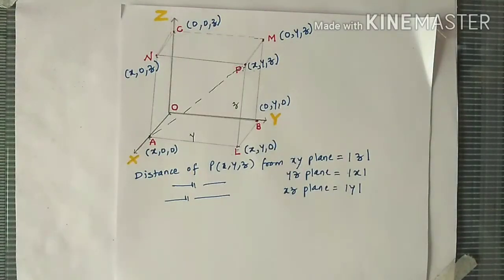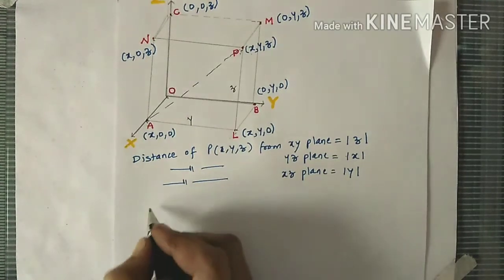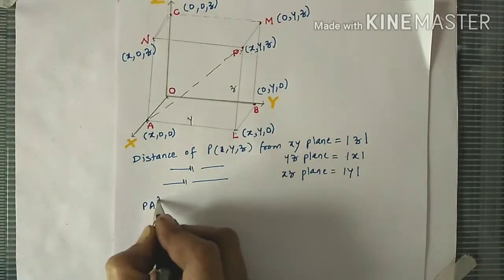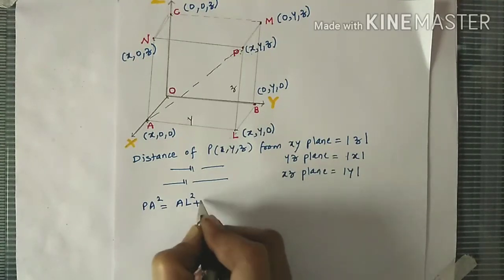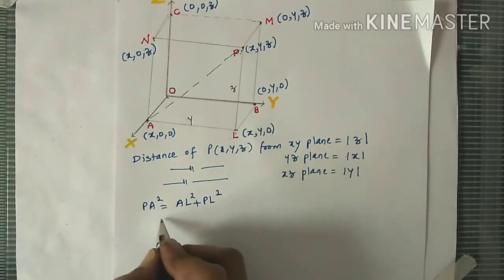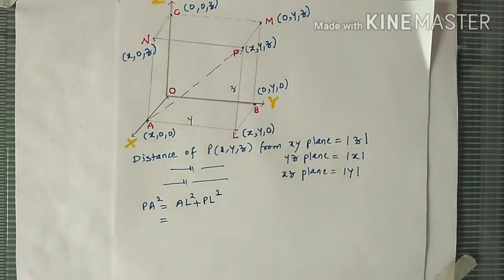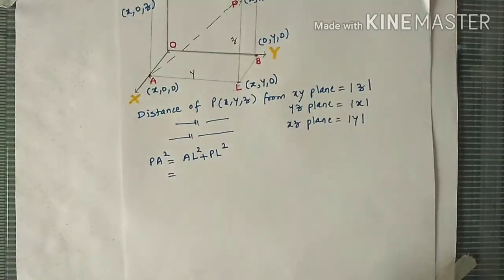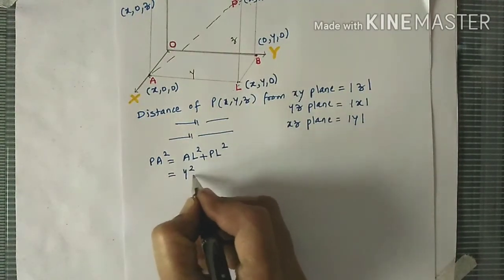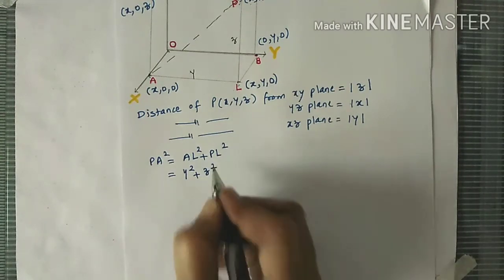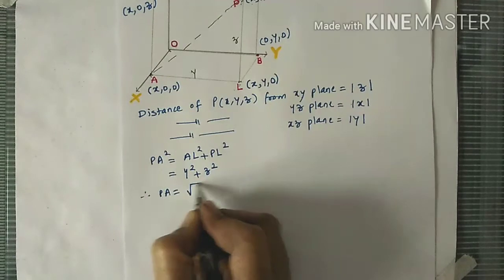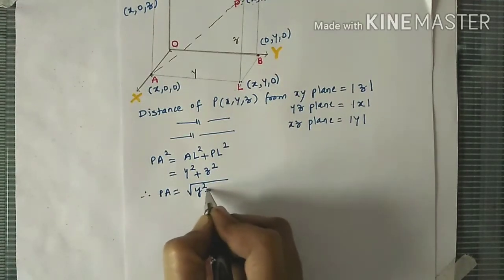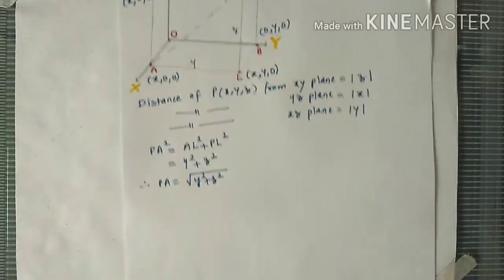And at L we have a right angle, so PA square is equal to AL square plus PL square. So PA square is AL square, AL square is y square, and PL square is z square. Therefore, PA is equal to root y square plus z square.